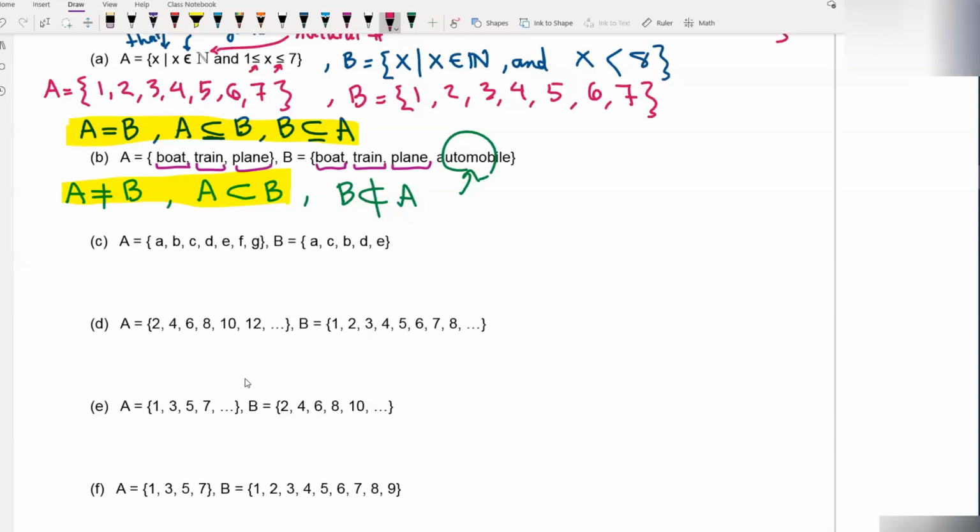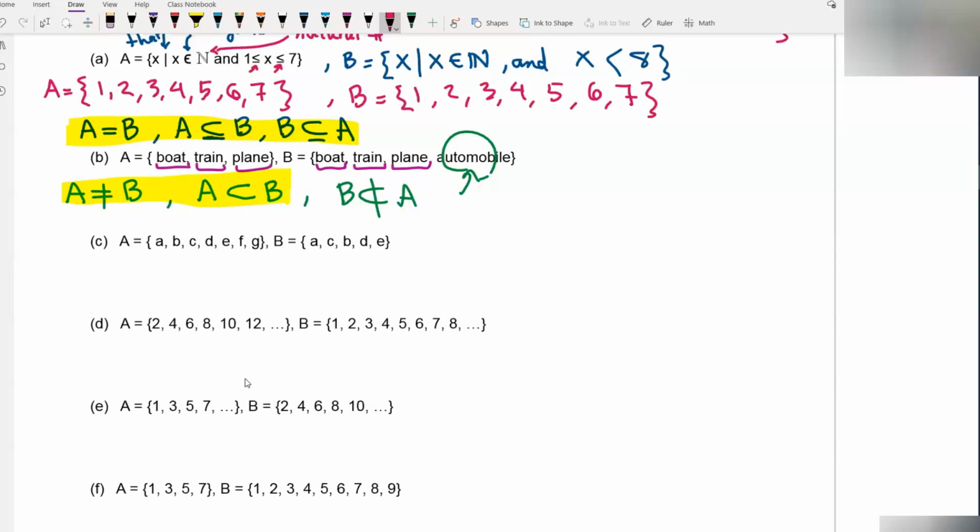No, we don't. You can see how many members we have in A. We have 7 members, but in B we have 5 members. It doesn't matter what members we have. Since we don't have 7 members, we don't need to continue and see if these members are exactly the same. So obviously A is not a subset of B.